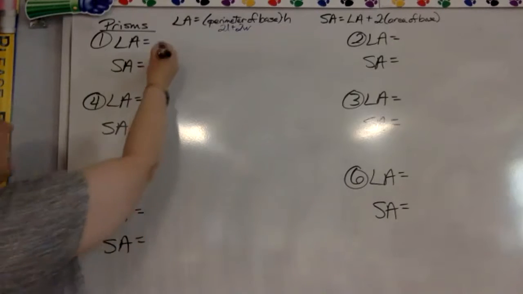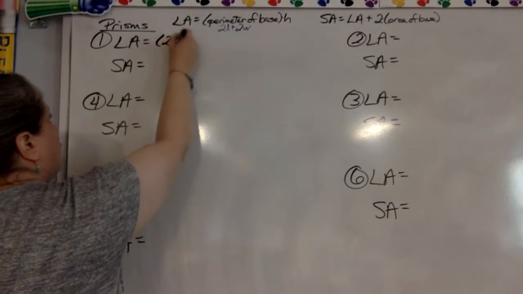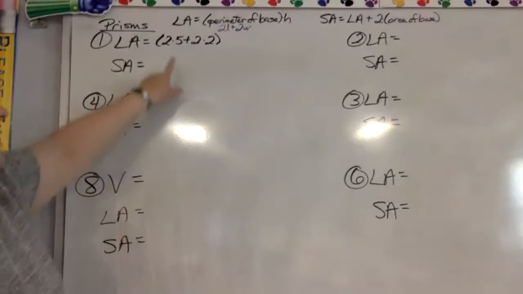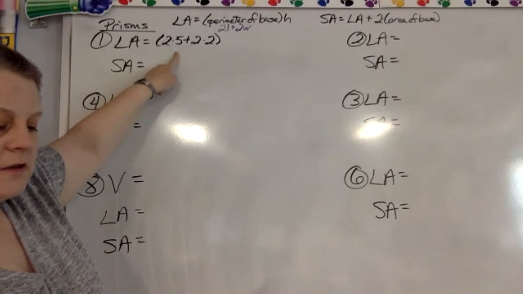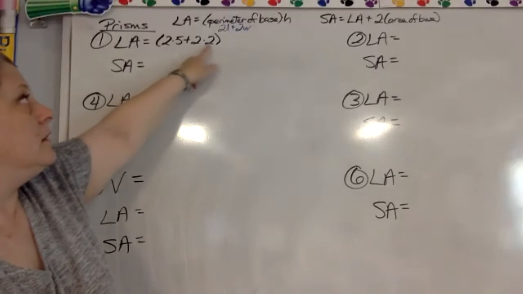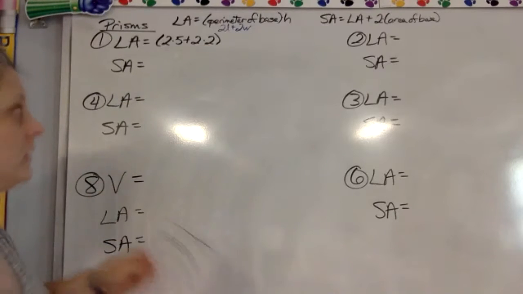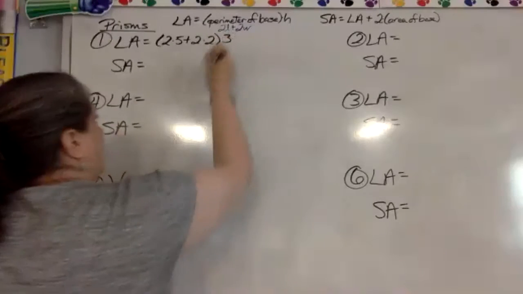So what you're going to have is 2 times the 5 plus 2 times the 2. Because this is our length of our base, this is our width of our base. And then I multiply that by the height of the prism, which is the 3.